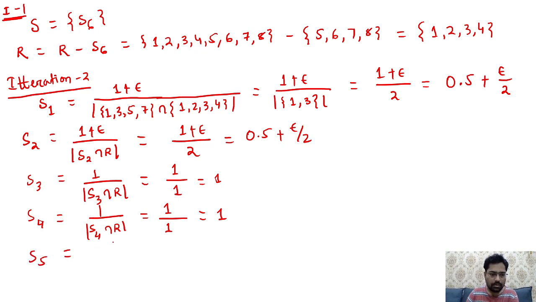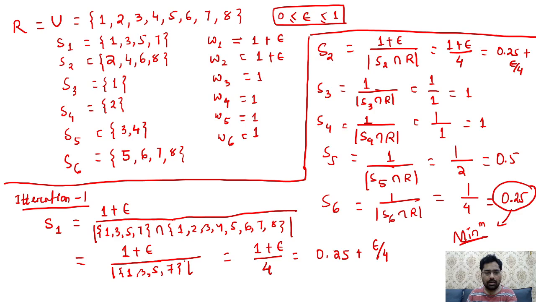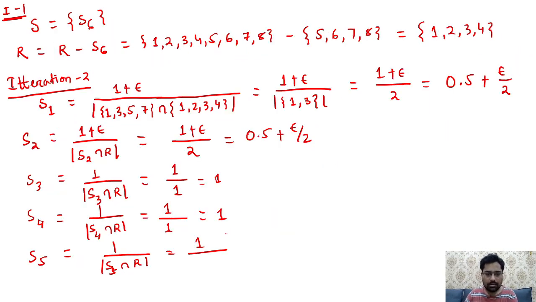S5 is 1 by S5 intersection R. So S5 contains 3 and 4, and 3 and 4 are there. So definitely I must write two answers here: 0.5. 0.5 is the minimum.